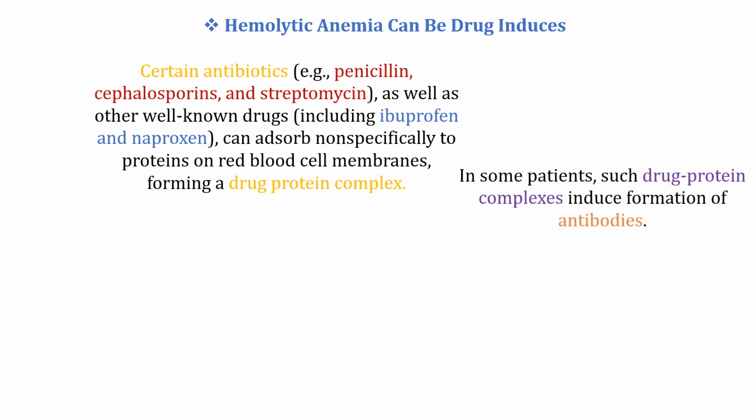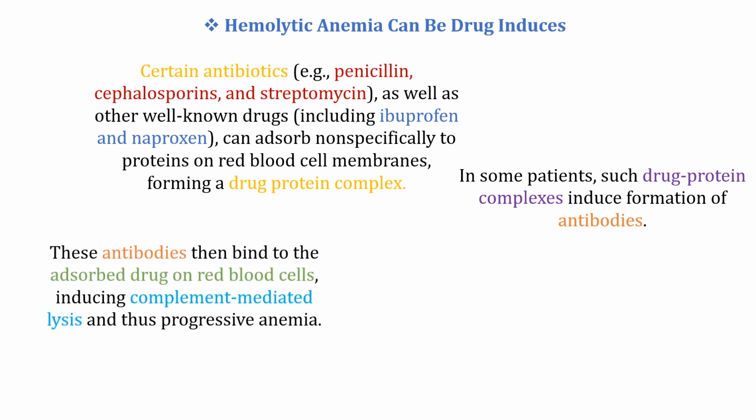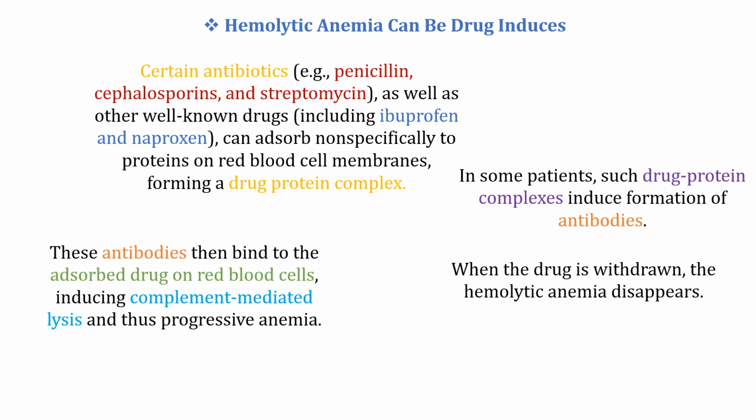In some people, this complex triggers the production of antibody against it, that is drug plus protein present on the RBC cells. These antibodies then attach to the drug and protein complex on the red blood cells, leading to the destruction of the cell and causing progressive anemia. When the person stops taking the drugs, the hemolytic anemia disappears.